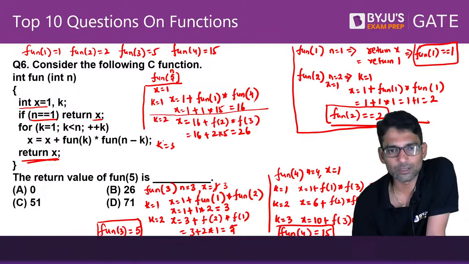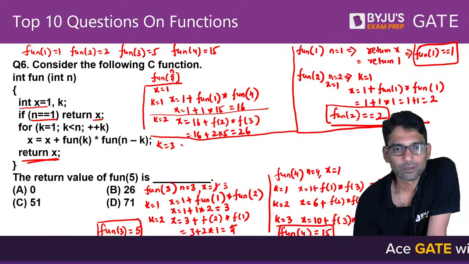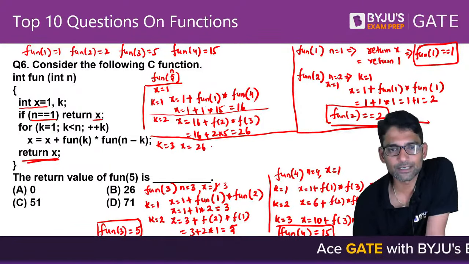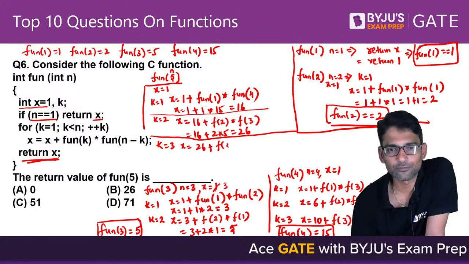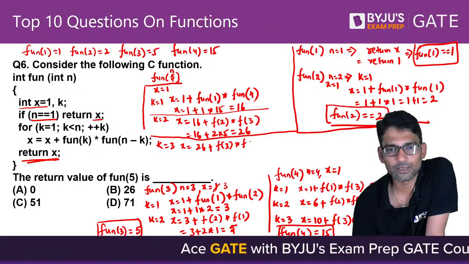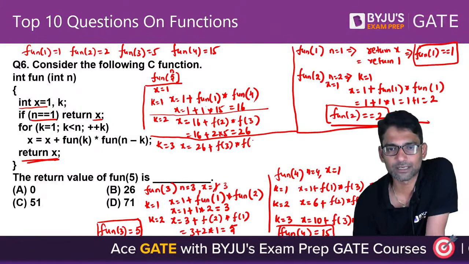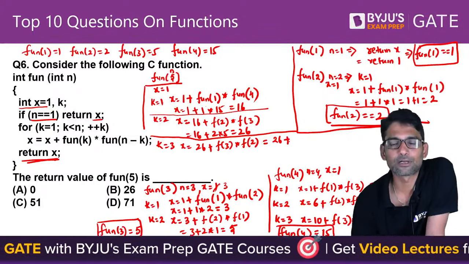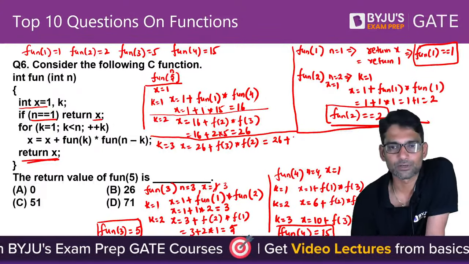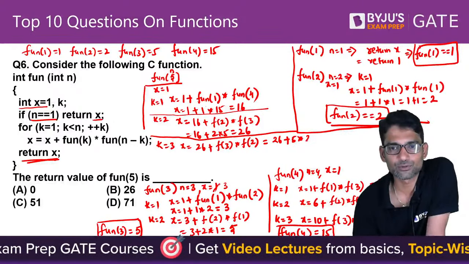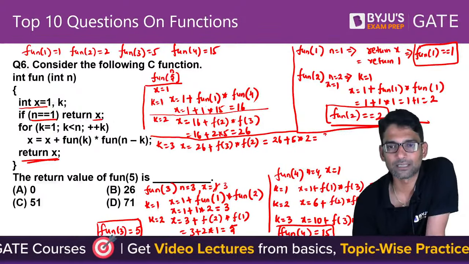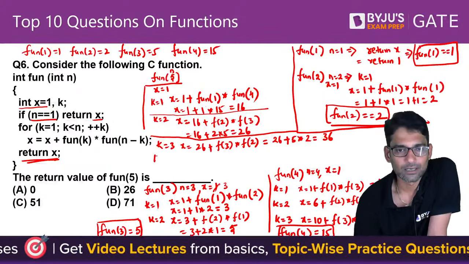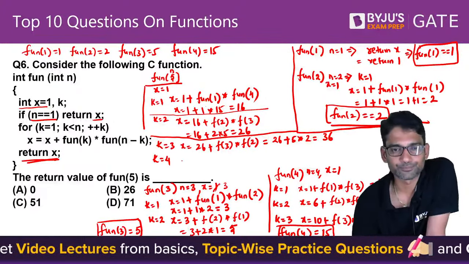Now k equal to 3. X is equal to 26 plus fun of k into fun of n minus k, 5 minus 3 is 2. So this is 26 plus fun of 3 is, sorry, 5, fun of 2 is 2, so 26 plus 10, 36.